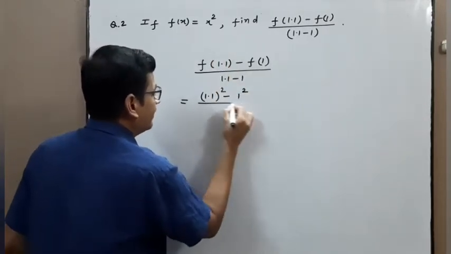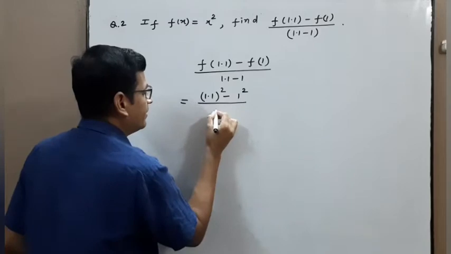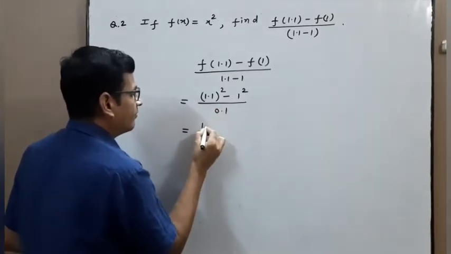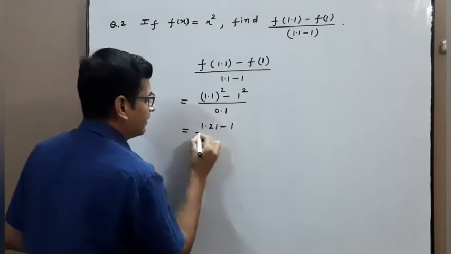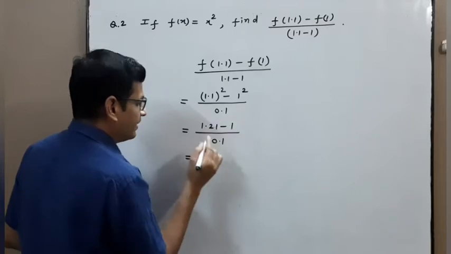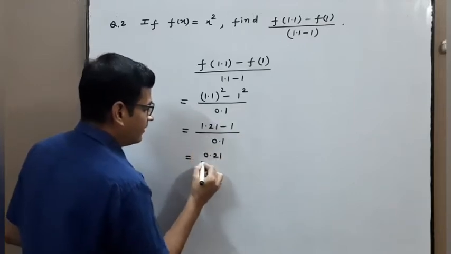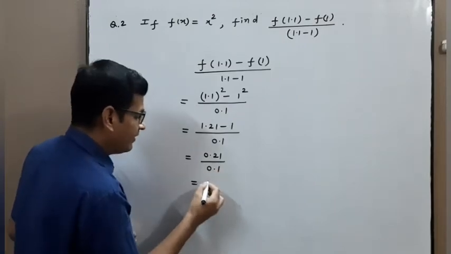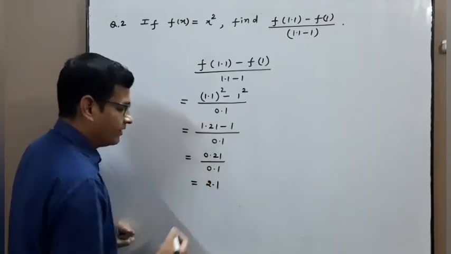So 1 squared, 1.1 minus 1 is 0.1. 1.1 whole squared is 1.21, minus 1, upon 0.1. 1.21 minus 1 is 0.21 upon 0.1. And now simplify, so you get 2.1.